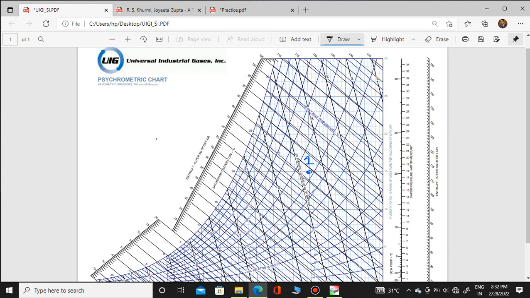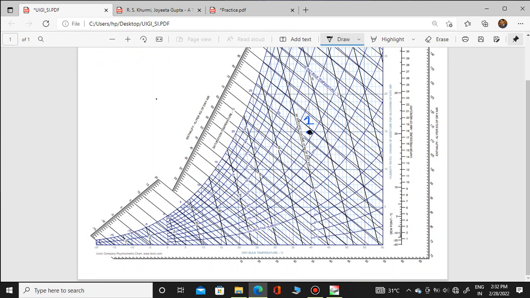We have to reduce its temperature. Right now, what is the temperature of that air? Temperature is 40 degrees centigrade. And what is the dew point temperature of that air? We can see here that the dew point temperature is 20 degrees centigrade.